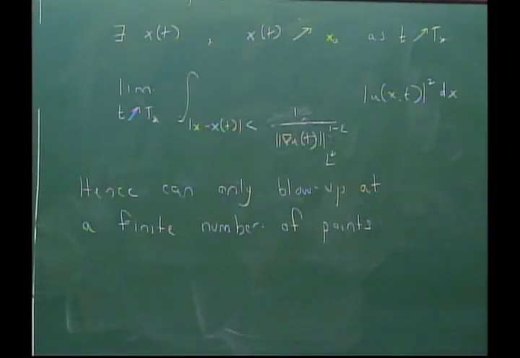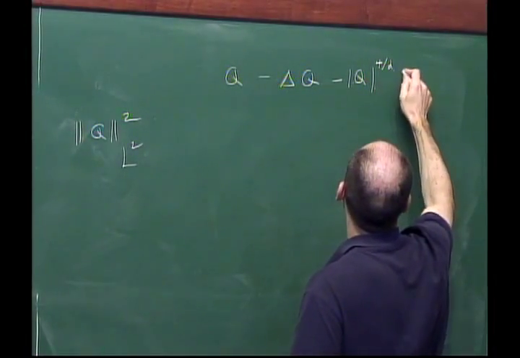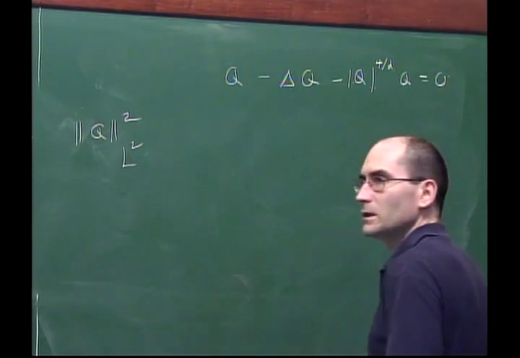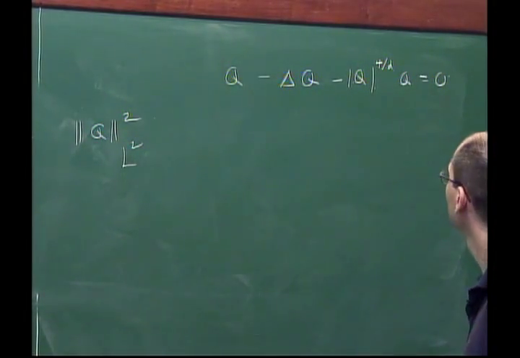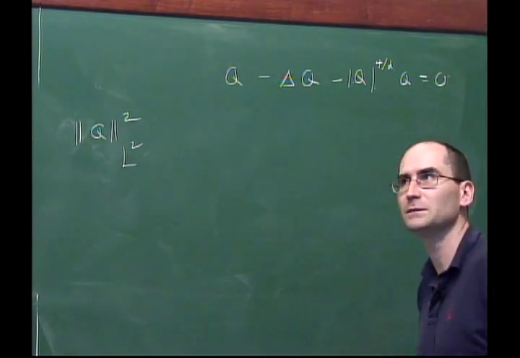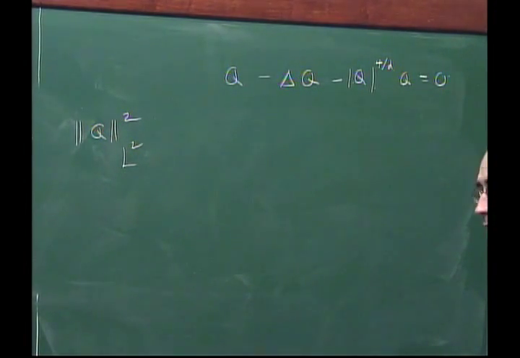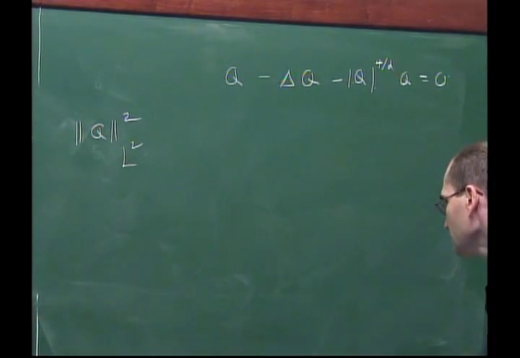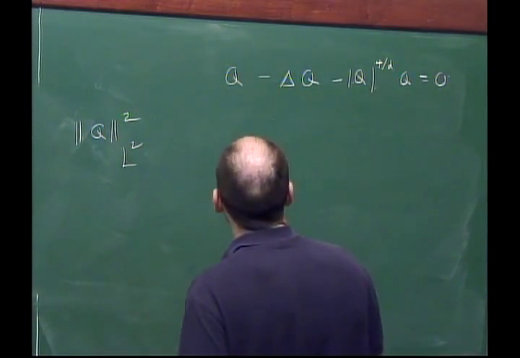So look at the ground state equation, Q minus Laplacian Q minus Q to the power 4 over d plus 1 times Q equals 0, in this critical case. So if you go to the early paper that constructs these solutions by Berestycki and Lions, this is from the early 80s, then you'll see it's a 2-part paper.